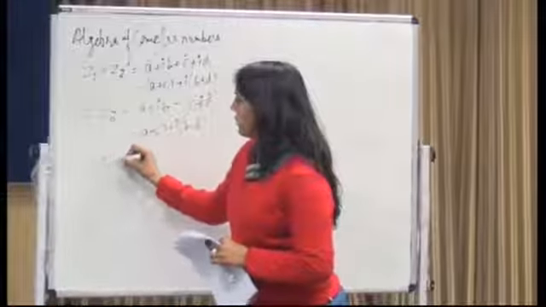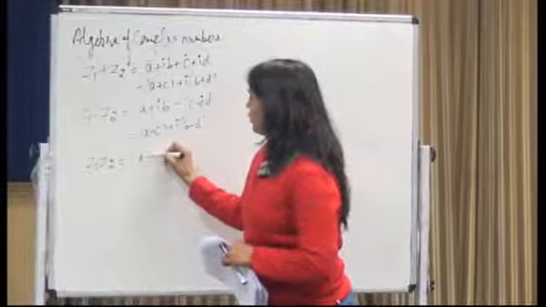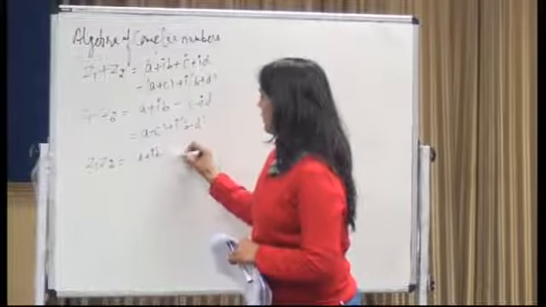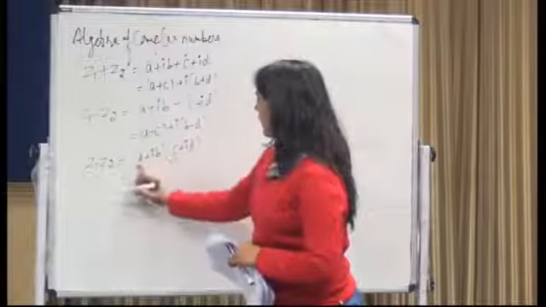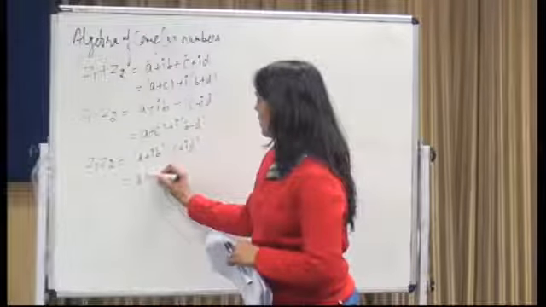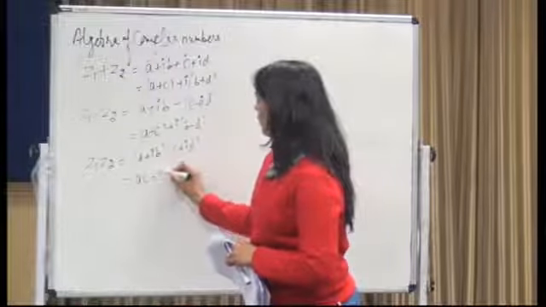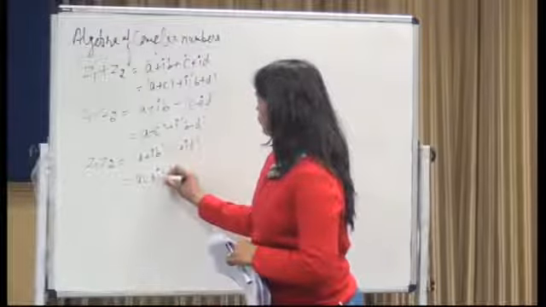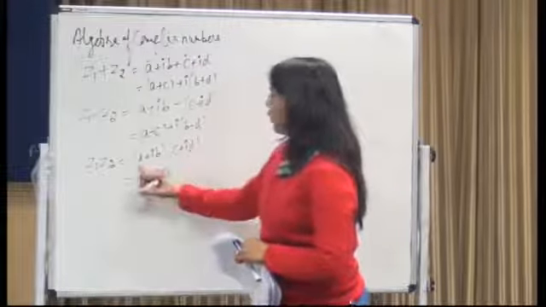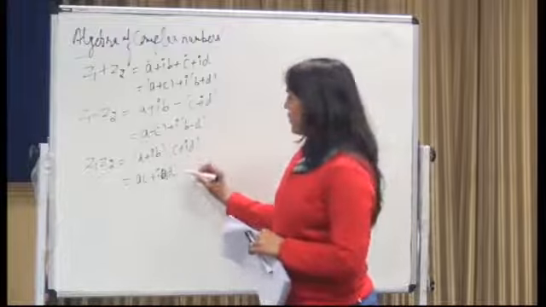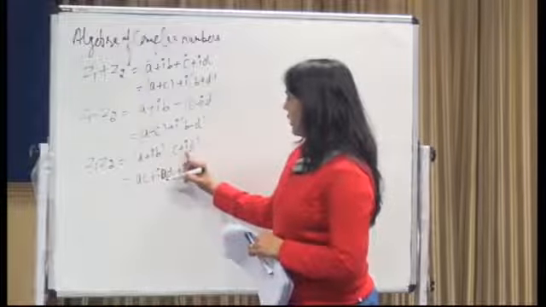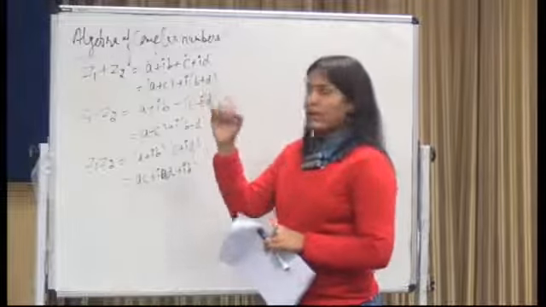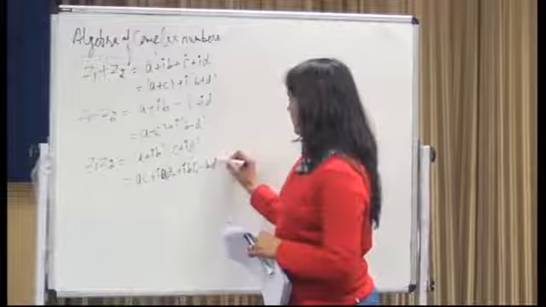Now come to multiplication, how you multiply two complex numbers, a plus iota b and c plus iota d. Quickly, multiply a with both the numbers, so ac plus iota ad, then the next number will be iota bc, then iota square bd, and that will be minus bd.